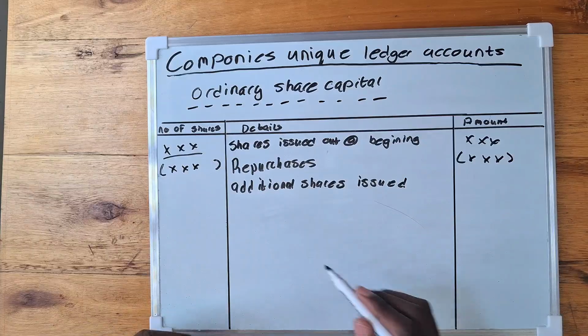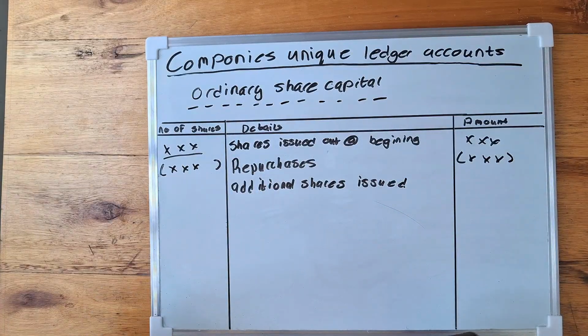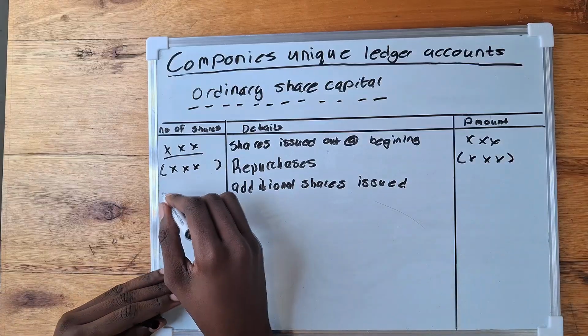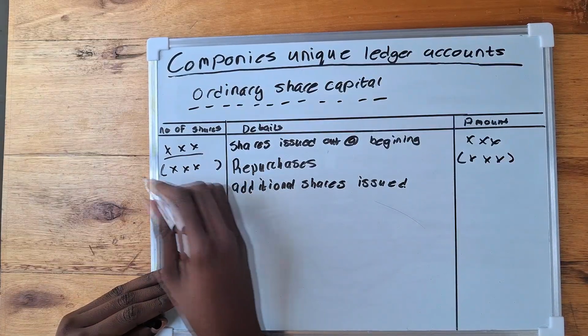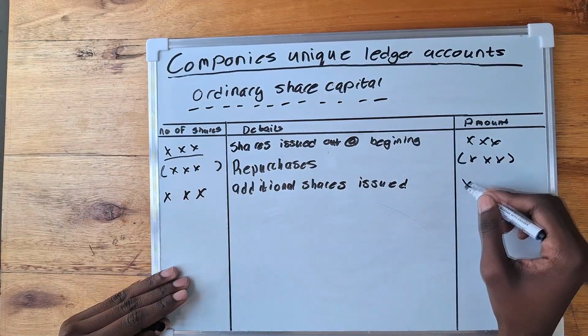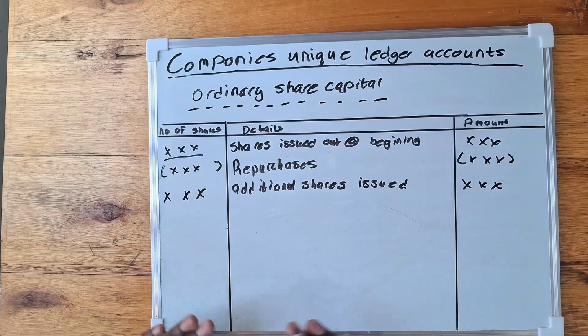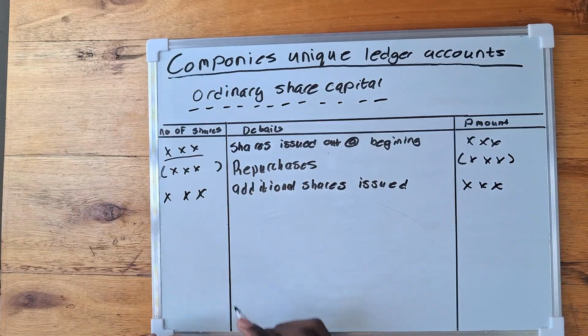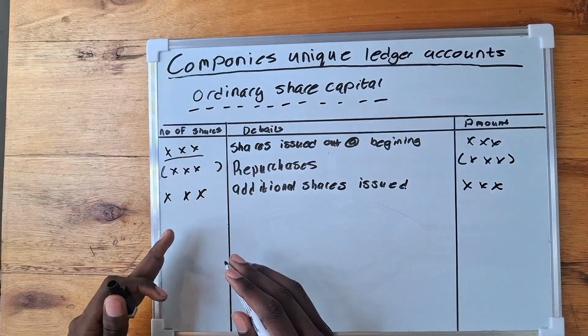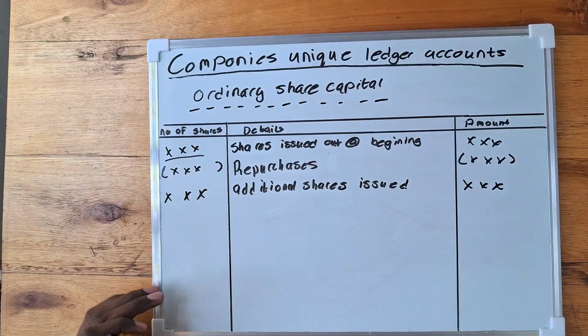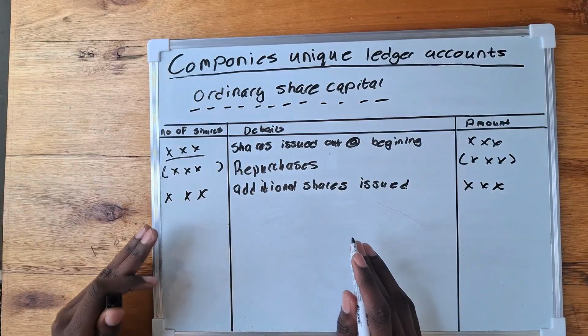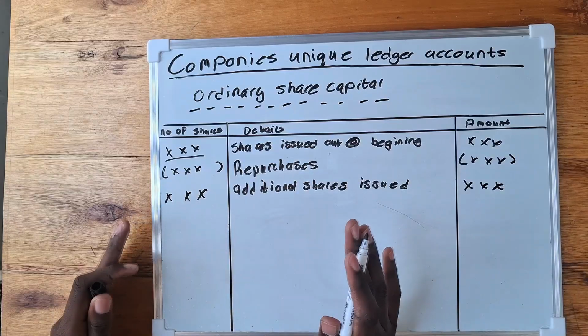What does this mean? This means that the ordinary share capital is going to increase because the number of shares that we are giving out is now increasing. So we put the number of shares here and the value of the shares here. We do not put a bracket because the number of shares going out to the public is now increasing. Once you have gotten to this point, you are about 75% done.